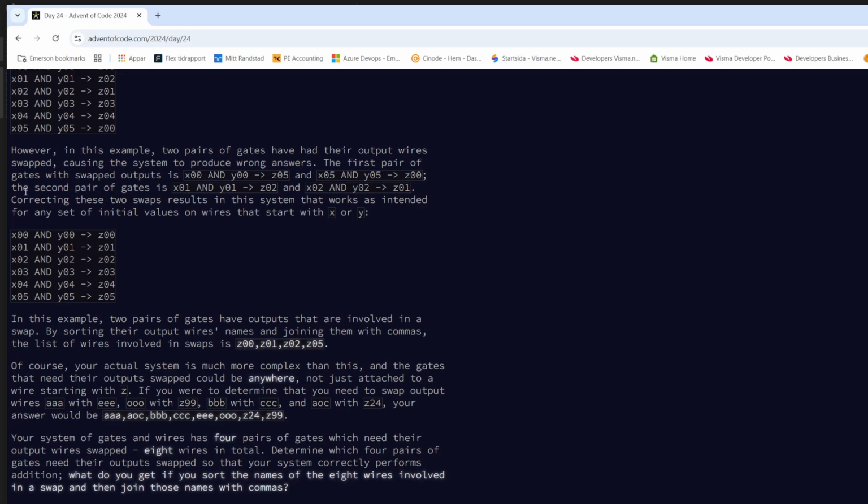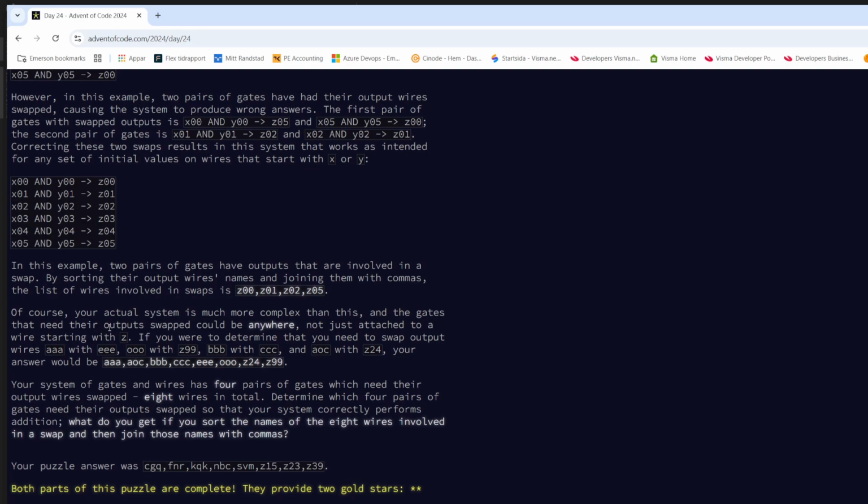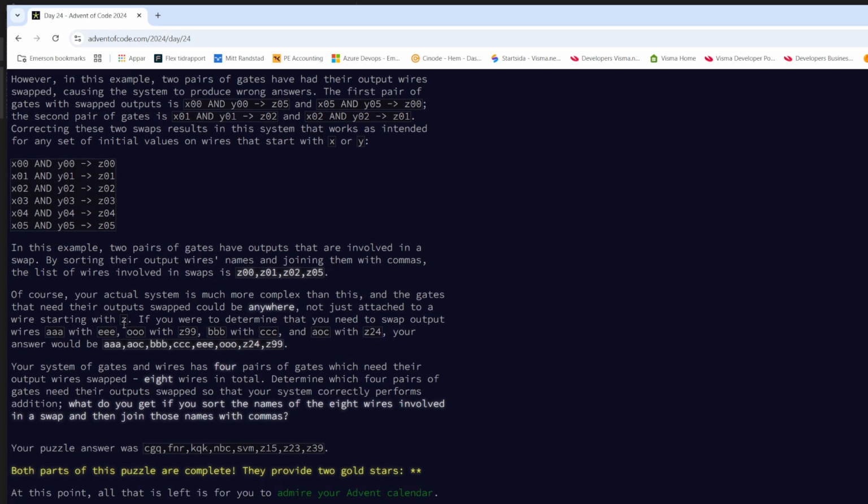The second pair of gates is for X01 and Y01, and for X02 and Y02. Correcting these two swaps results in a system that works as intended for any set of initial values on wires starting with X or Y. So in this example, 2 pairs of gates have outputs that are involved in a swap. By sorting their output wire names and joining them with commas, you get the list of wires involved.